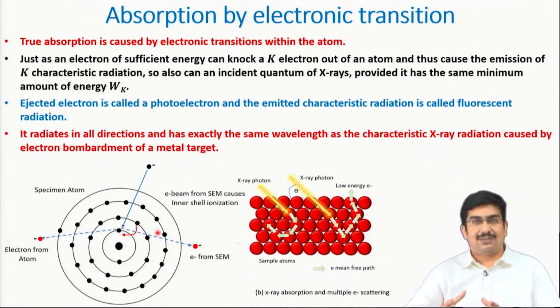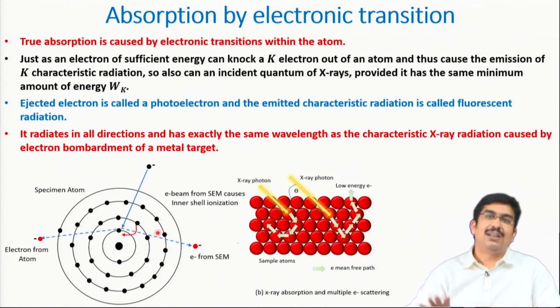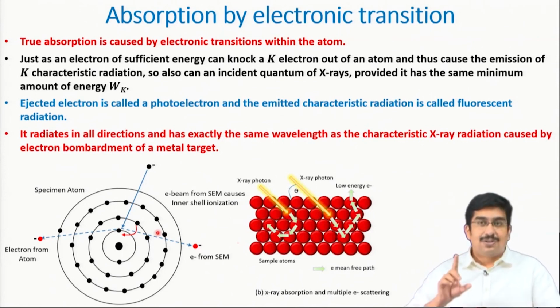So, we have already seen electron material interaction, and there we have seen various different processes, inelastic interaction, plasmon scattering, photon scattering, so on and so forth. And one particular process we have seen is electronic excitation and secondary effects. So, exactly the same thing can also happen when an X-ray photon encounters a material atom.